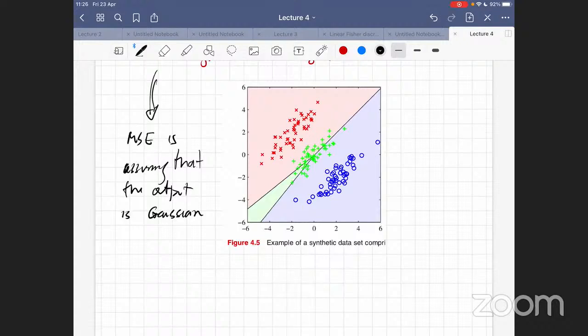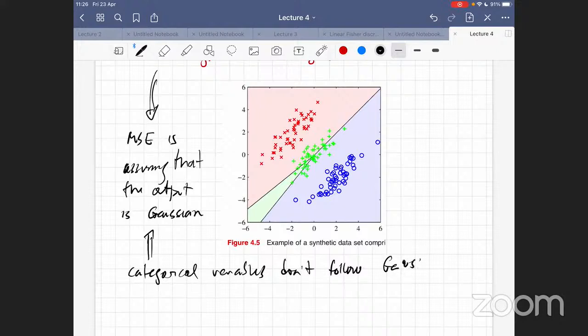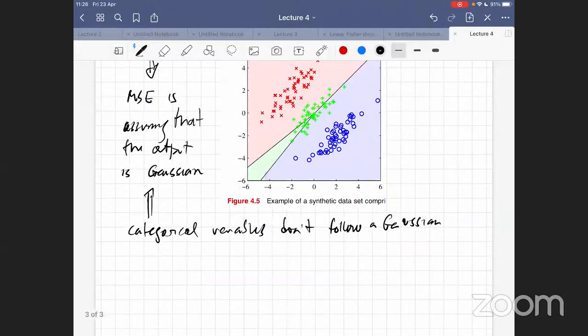So the maximum likelihood estimate would be okay if the variable is actually Gaussian distributed, but we are talking here about a categorical variable. Categorical variables don't follow, of course, a Gaussian distribution. They follow a categorical distribution, a generalized Bernoulli or something like that.